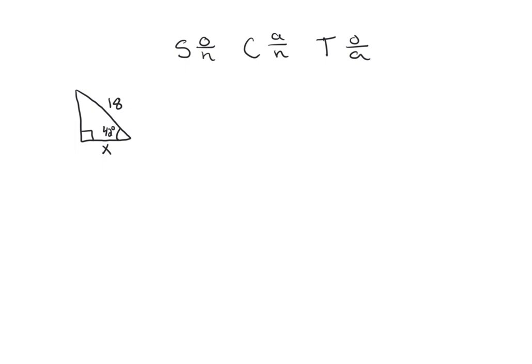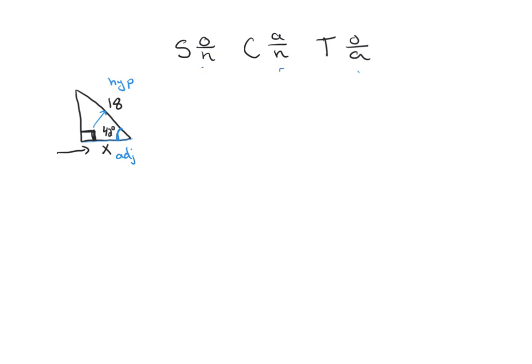Our first 3 examples are using SOHCAHTOA to find a missing side length of a right triangle. Go ahead and draw the triangle. The right triangle has an angle of 42 degrees, and we know the hypotenuse, across from the right angle, is 18. So at this angle, what is x? X is adjacent.